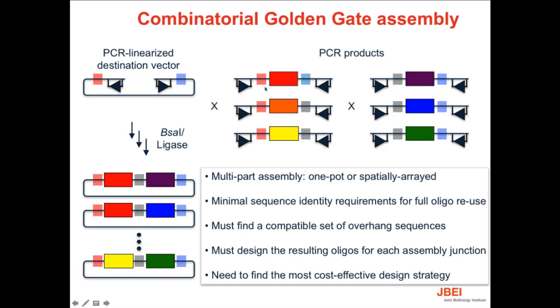So depending on specifically where you place these overhang sequences, you might be able to get full combinatorial reuse. Ideally, you're putting it in a region where there's lots of sequence identity, or if there's no sequence identity, then you're not going to be able to have as much reuse. So there's a lot of fine tuning and optimization that you might need to do to get the best possible outcome.